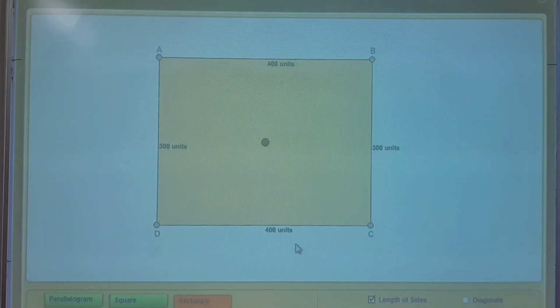And what about the angles? All the angles are 90 degrees. That means right angles, right? Then what about the diagonals? Diagonals are equal and diagonals bisect each other also. Bisect means, bi means 2. So bisect means make into 2 equal parts.